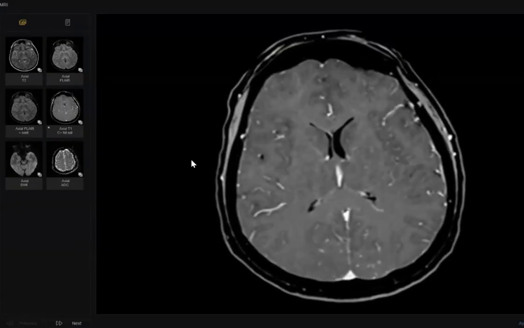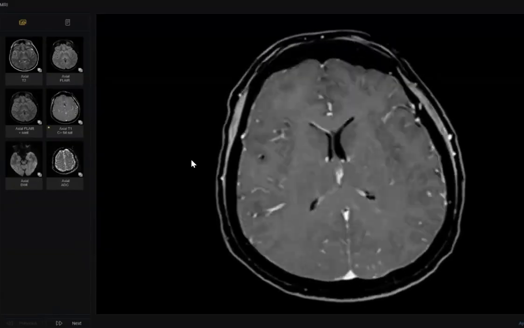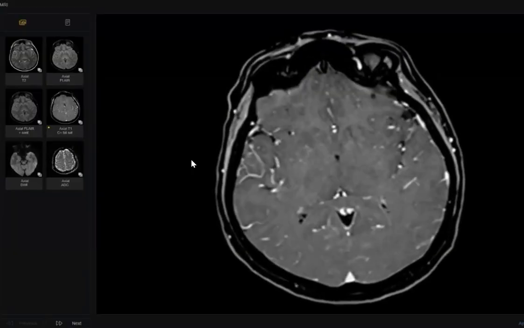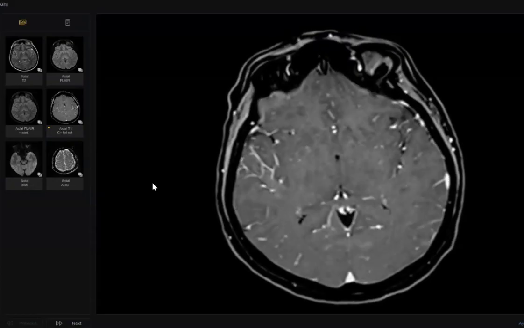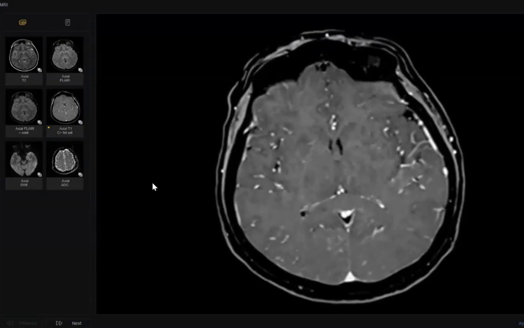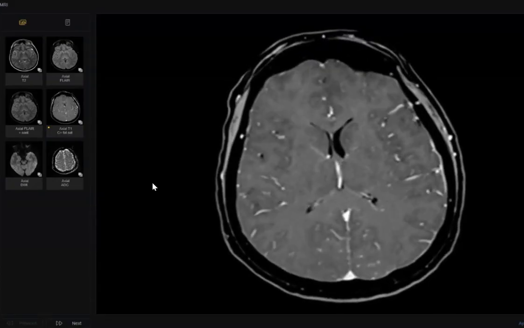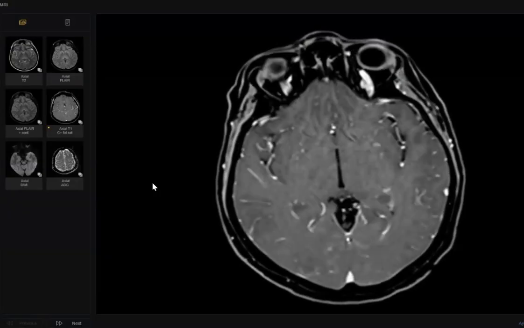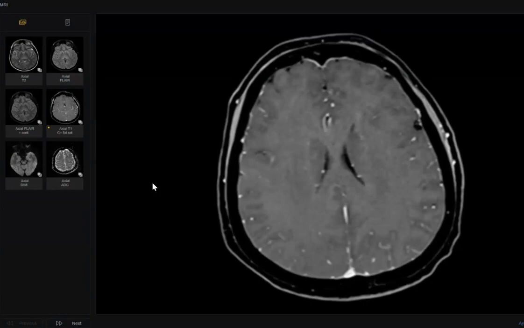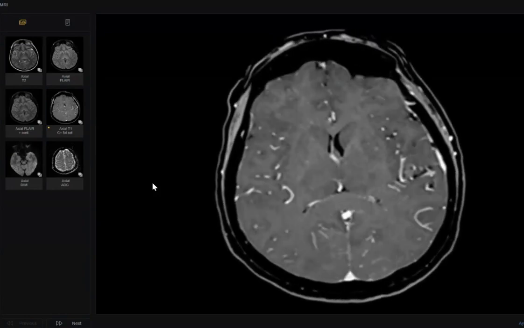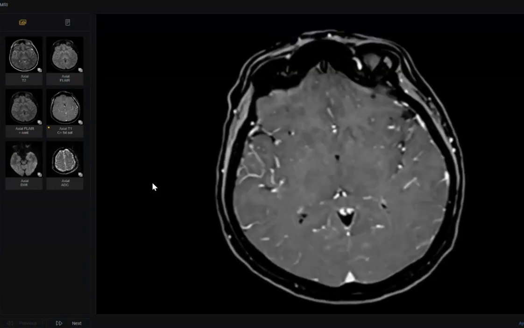Then the patient has fever. Then look here. There is leptomeningeal enhancement, and there is curvilinear enhancement smearing the sulci. This is a subarachnoid enhancement also. You should not see this type of enhancement at all.